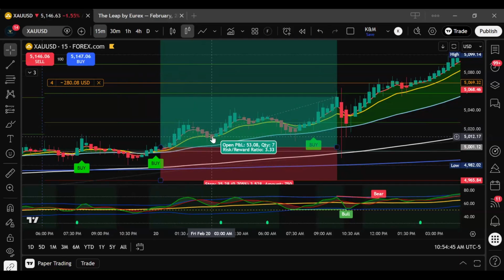Now, it depends on how you manage your trades. That could just be a partial. It could be putting a stop loss in profit, or you could be getting out completely altogether. There's always your three choices with managing your profit. You either put that stop loss in profit, or take a partial, or get out.